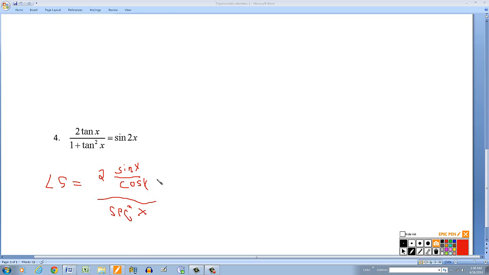Okay, so now let's go again. This is 2 sine of x over cosine of x, over secant squared x, and using your reciprocal identity for that, it's the same thing as 1 over cosine squared x.